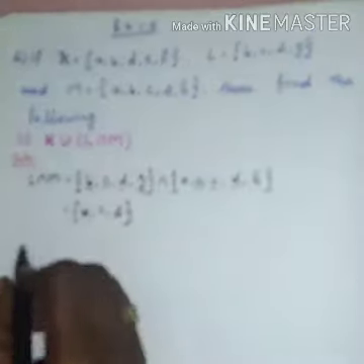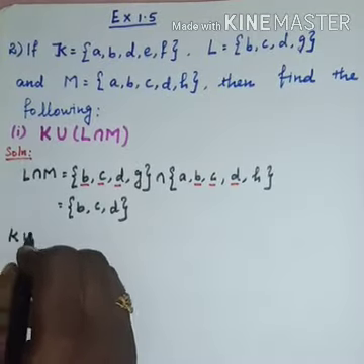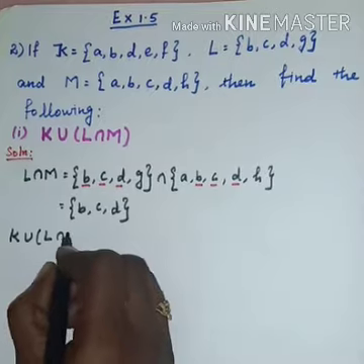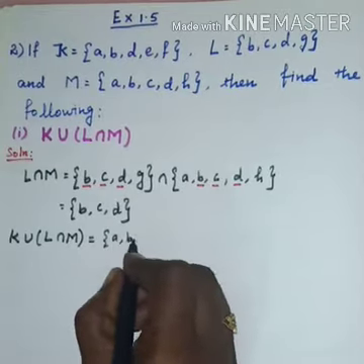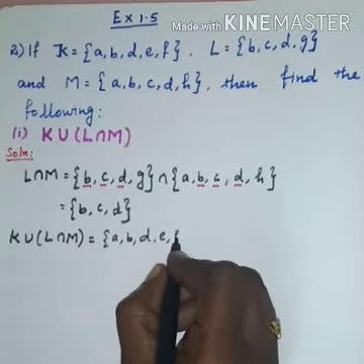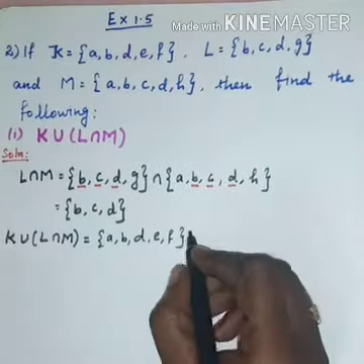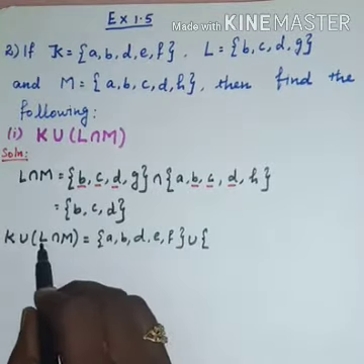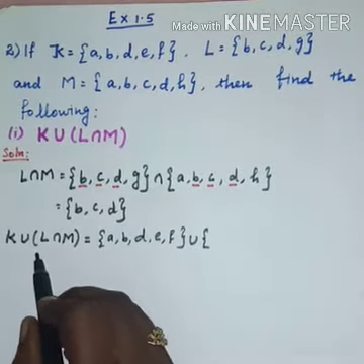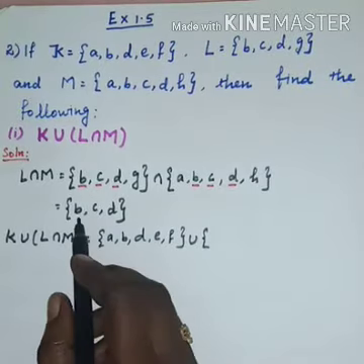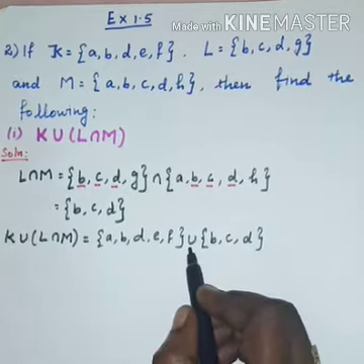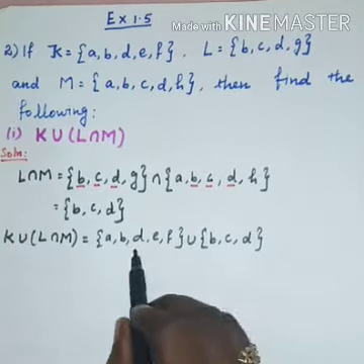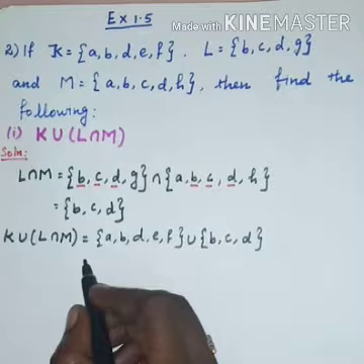Now we have to find K union (L intersection M). So what is the set K? K is nothing but A, B, D, E, F, and put the union symbol here. And we already found the value of L intersection M. L intersection M is nothing but B, C, D. So here the union symbol is there. So we have to combine these two sets together, isn't it?